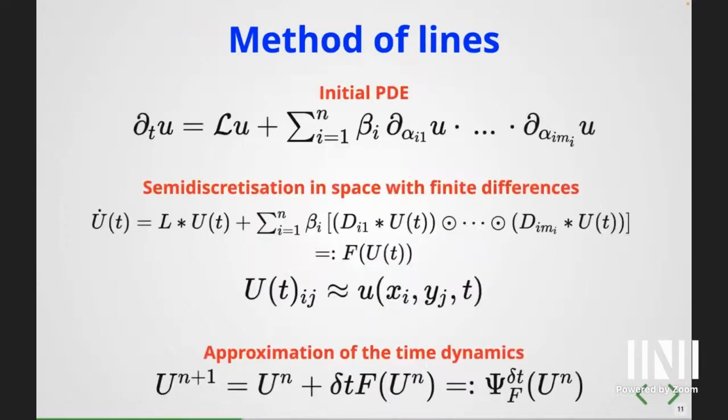So what I wrote here, this star operator, as you probably understood, is a convolution. Because any finite difference discretization up to order 2 can be well represented by a 3x3 kernel, instead of using a Toeplitz matrix and vectorizing, you can keep U as a matrix and just apply a convolutional filter on the left of it, which is what is done for edge detection in images, for example.